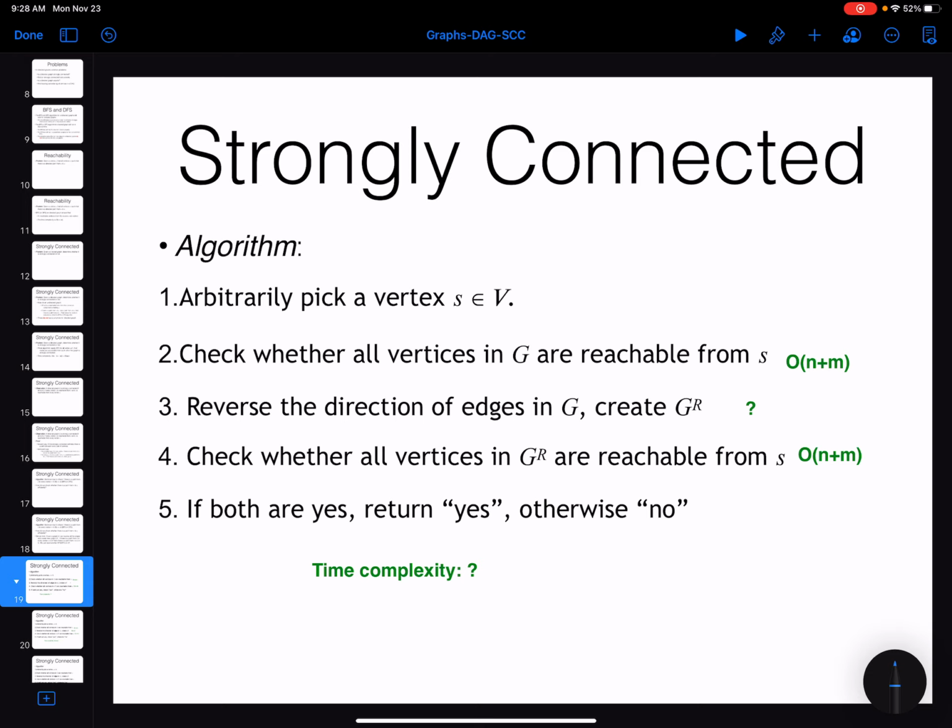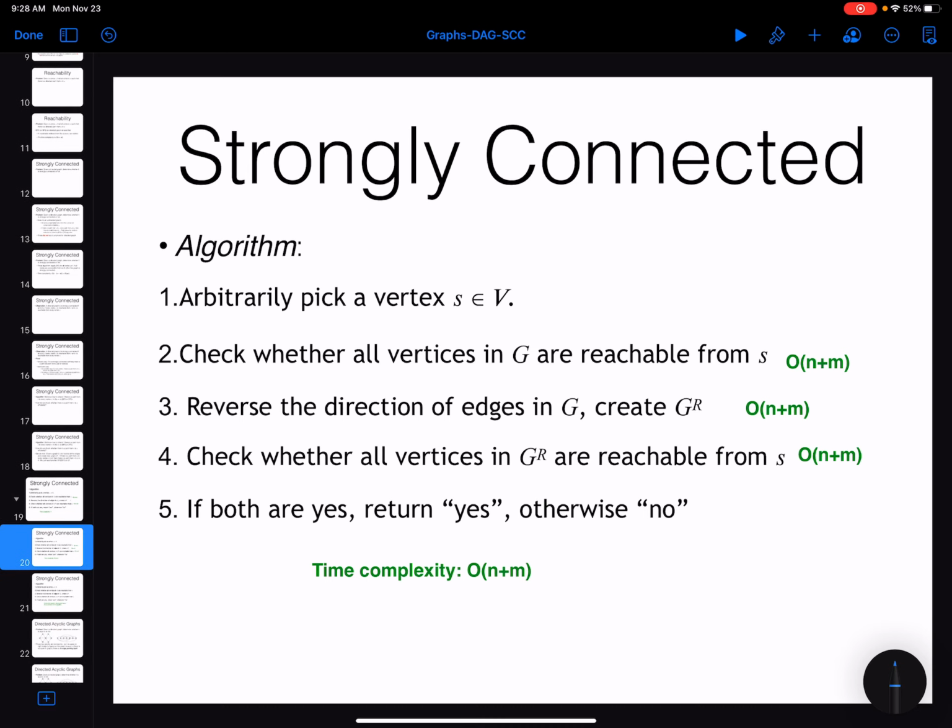The time complexity of this part is O of n plus m, this part is O of n plus m, and creating the reverse graph is O of n plus m as well, because you just need to go through all the nodes and reverse all the edges.